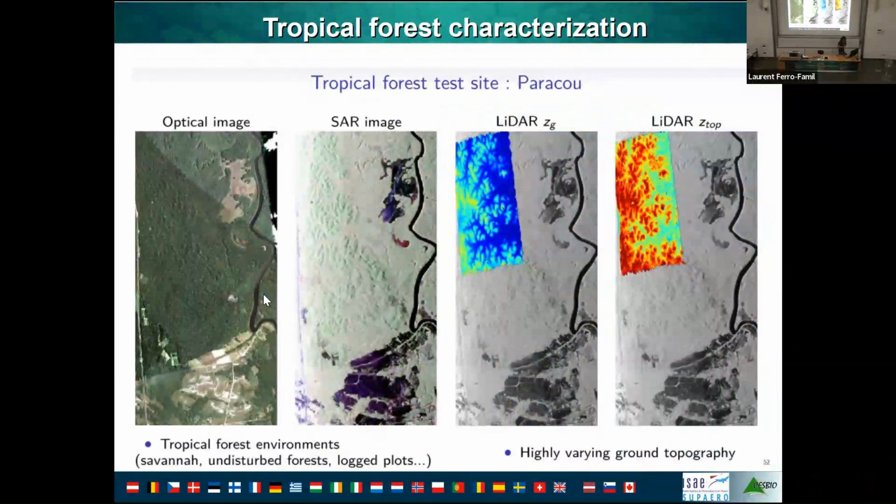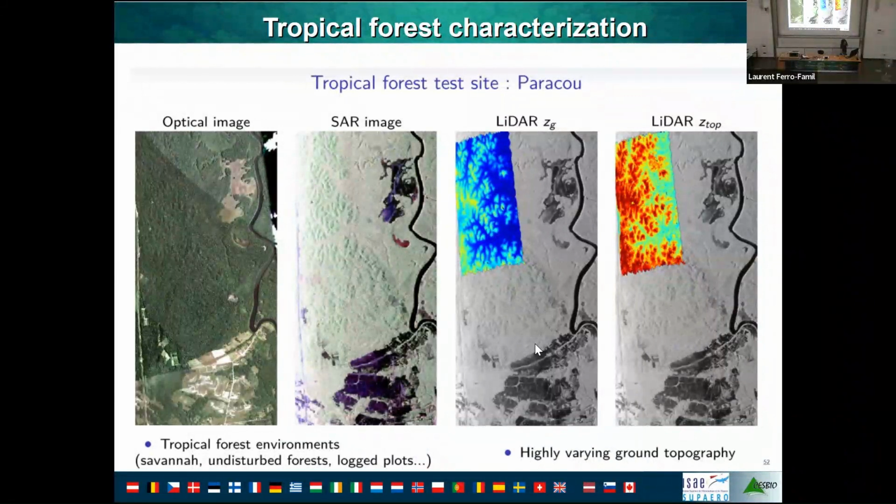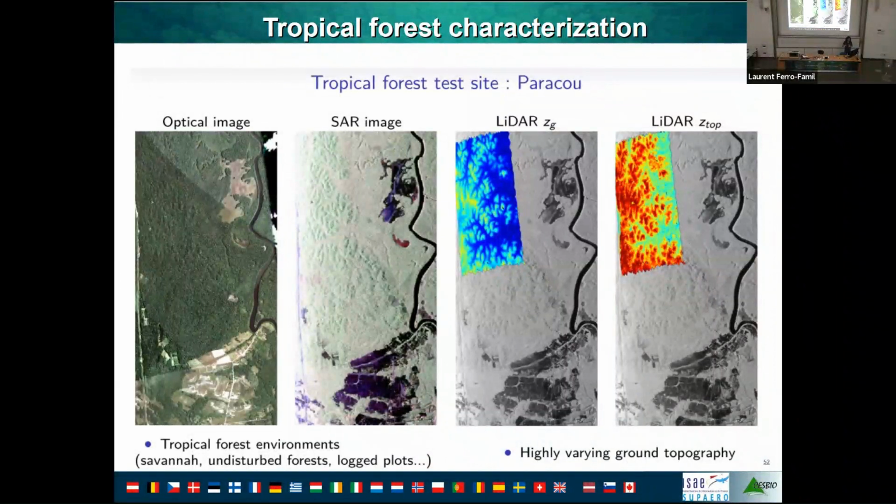So this is an optical image of this site. This is the polarimetric SAR image. Tomorrow you will know why it is colored. So this is a more classical single pol image with the LiDAR estimate of the ground and of the top. I say estimate because LiDAR in urban environments, you can believe it, it's very accurate.